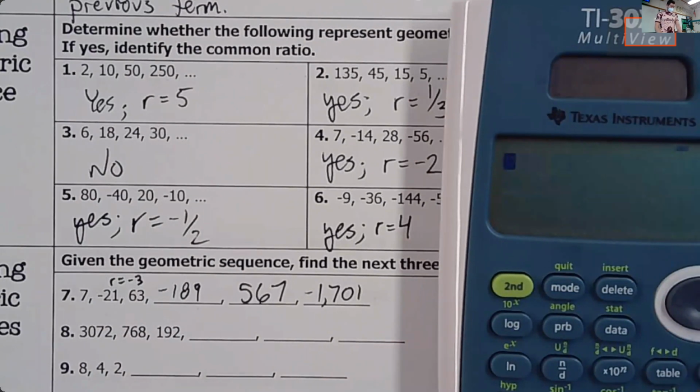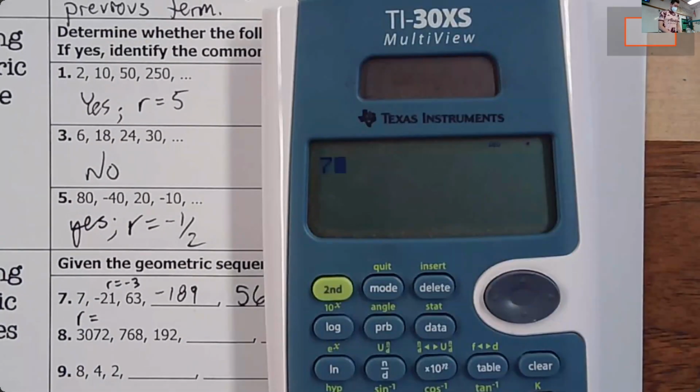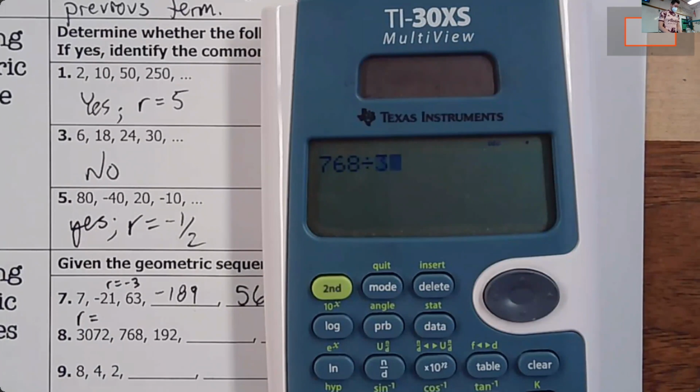All right, number 8. What's our common ratio on number 8? Anybody have that? The R value on number 8? Killian? 1/4, yeah. 768 divided by 3072.